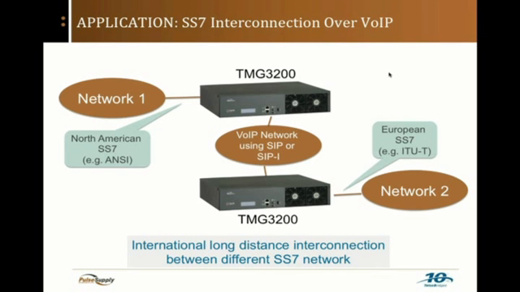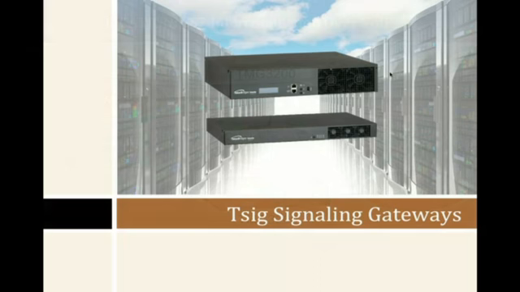Notice that in the middle here I specifically mentioned the support for SIP-I, which is the transport of SS7 ISUP information over the SIP protocol, and this can be very useful to transport SS7 parameters which don't map very well into standard SIP protocols. So that was a section on applications and how you can use signaling conversion in your networks. Those are examples to give you some ideas on how these products are used.